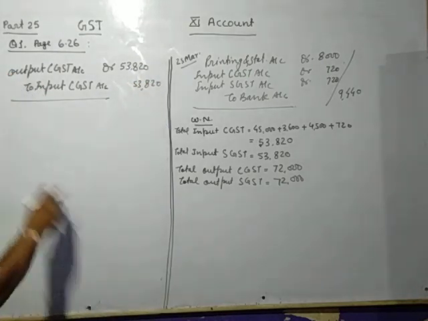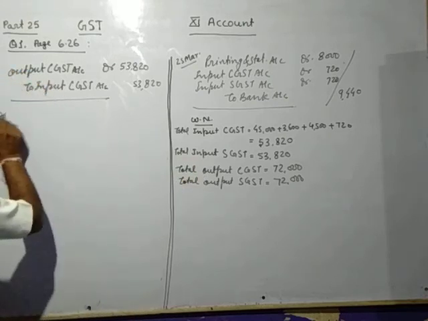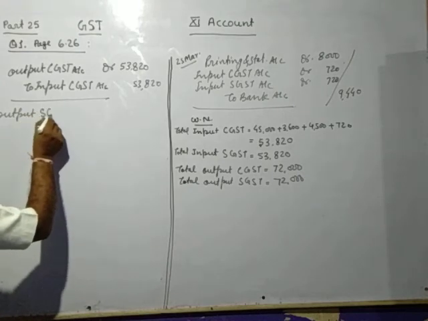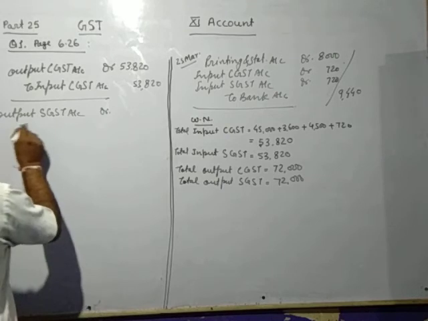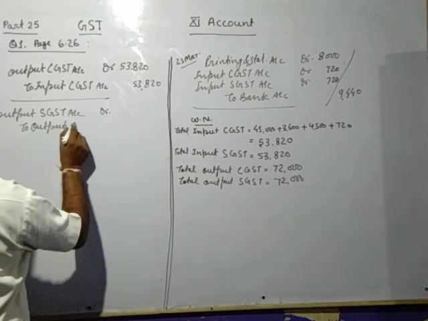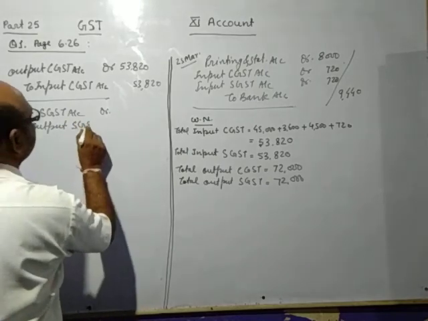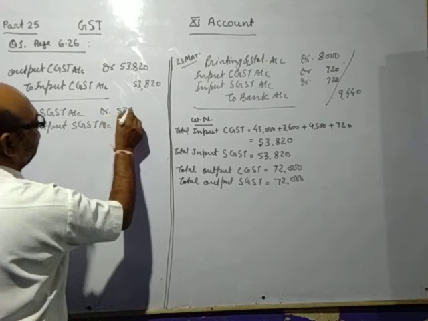And same, now state government tax you will adjust: output SGST account debit to input SGST account, that is same amount.